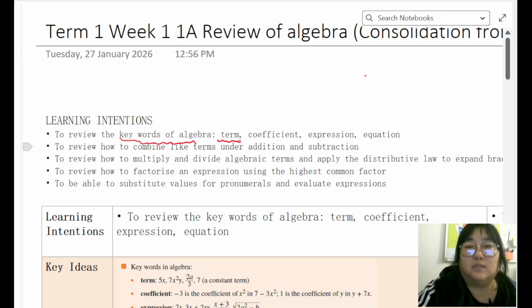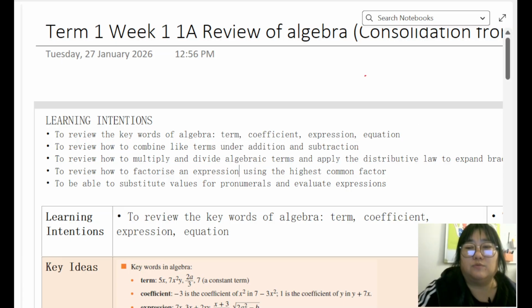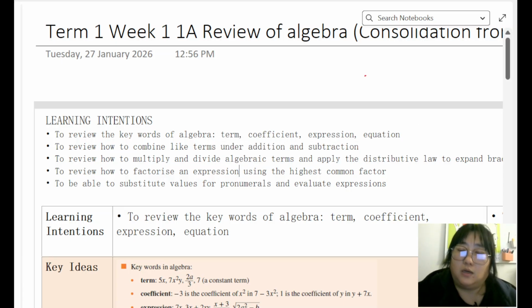They have to understand the terms coefficient, expression, equation, and they also have to know how to combine like terms in addition and subtraction, and how to multiply and divide, factorize, and substitute values. You can see from this lesson that basically we just go through all the contents they studied in Year 9.